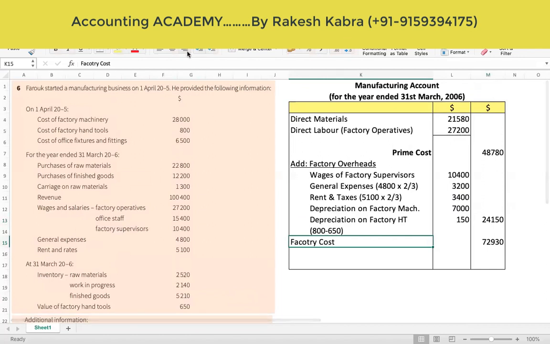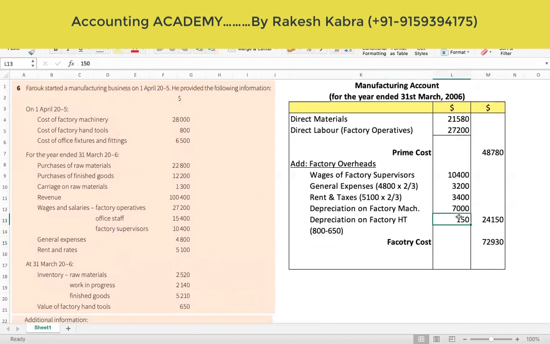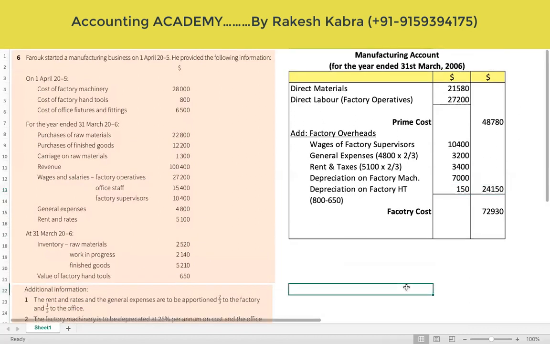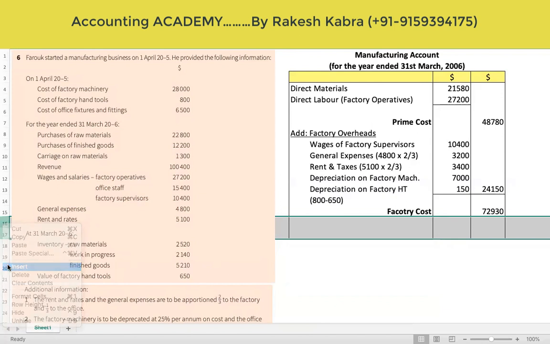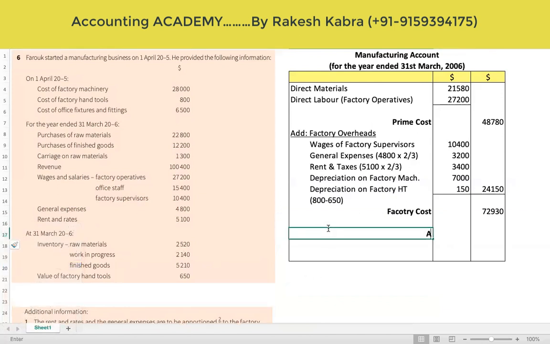Any doubt till here? Tell me. No. Okay, factory cost we have calculated. Now to this factory cost, I will make adjustment for opening WIP and closing WIP. Opening WIP, what will I do? Add opening WIP, work in progress.